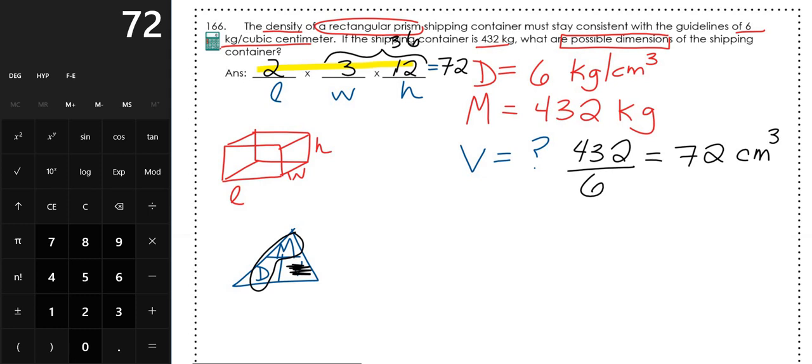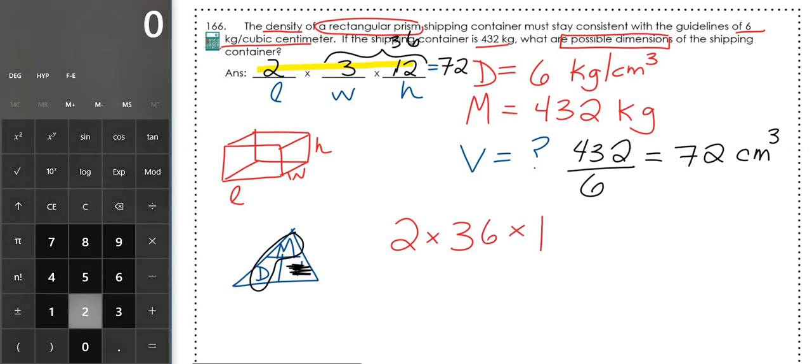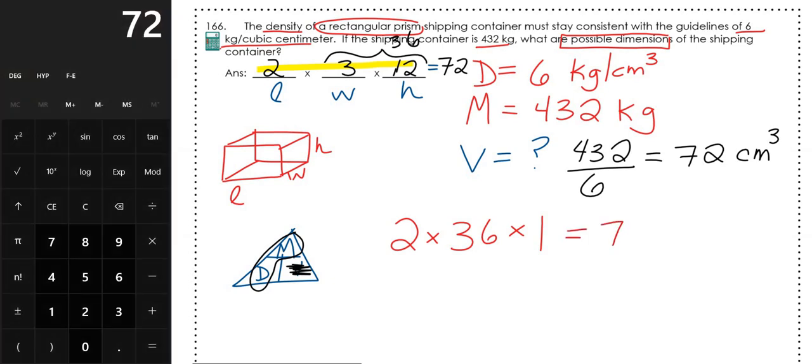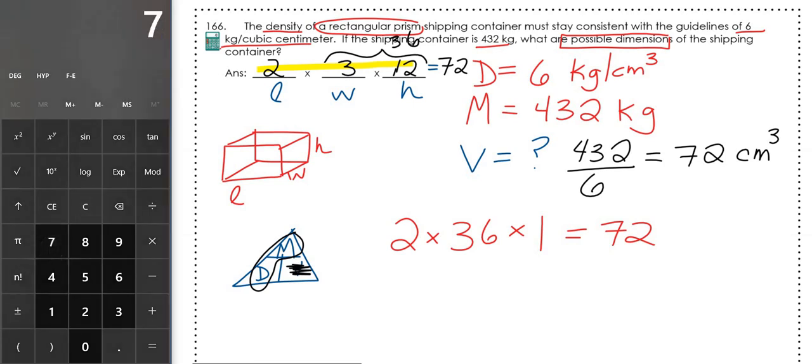Now this is just one set of possible dimensions. I could have, for example, 2 times 36 times 1. Those 3 should also give me 72. Let me check. 2 times 36 times 1. Ooh, 1 is fine. 72, yeah. So that works. If I think about something else, let me say maybe 72 divided by, let's see, will 4 work?